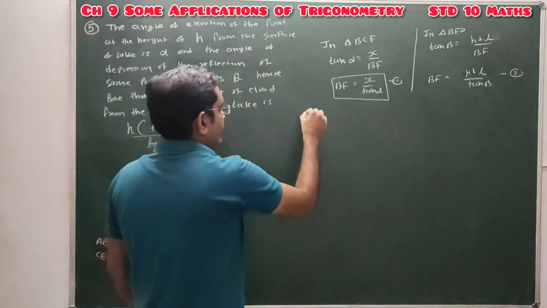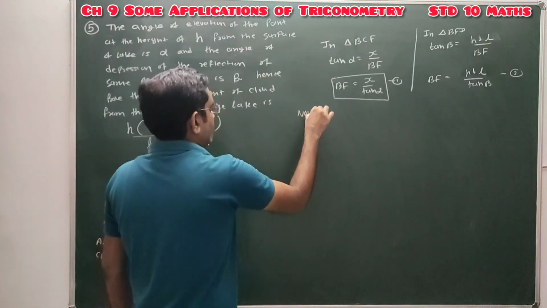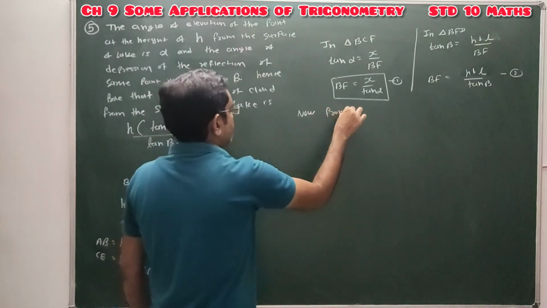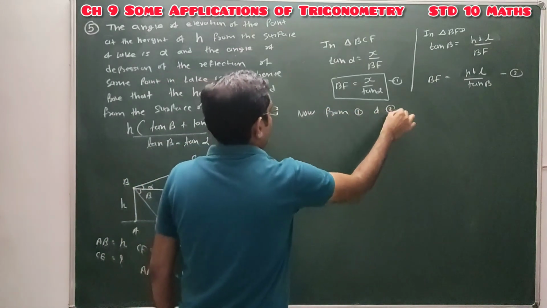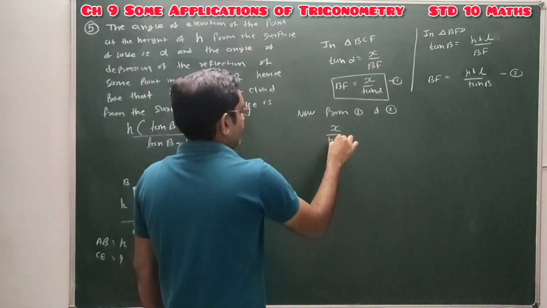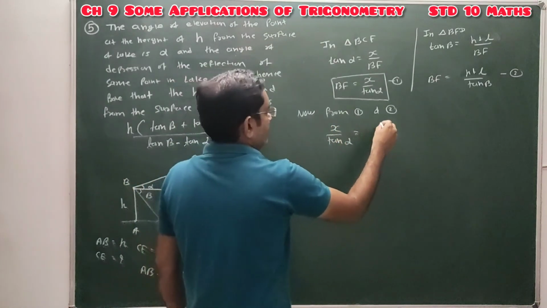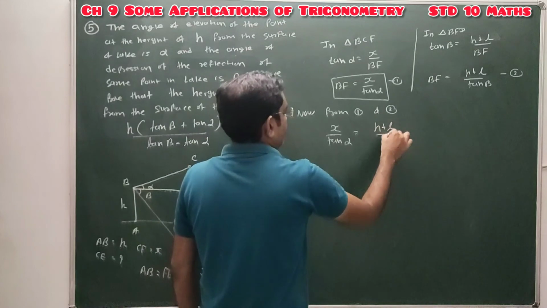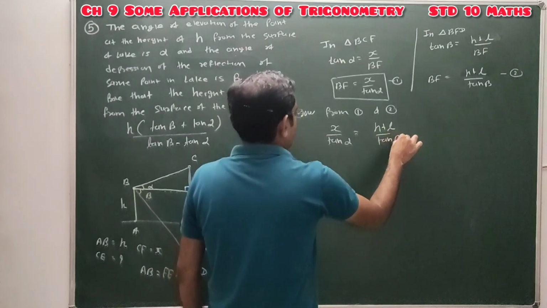Now from equation 1 and equation 2 we can compare both equations. So x upon tan alpha is equal to h plus L upon tan beta.